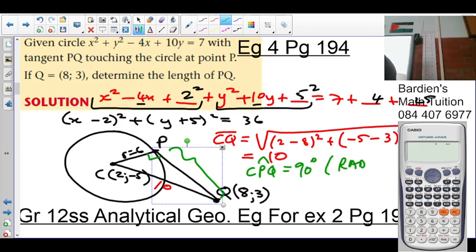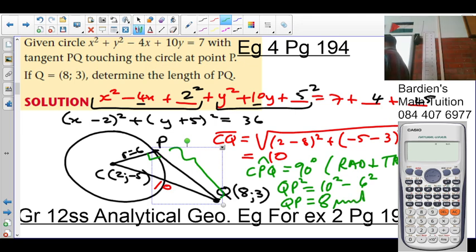Radius perpendicular to tangent. Not so? So now I can apply Pythagoras. So what can we say? QP squared is equal to 10 squared minus 6 squared, which is 100 minus 36, which is 64. The root of 64 is 8. That's 8 units.